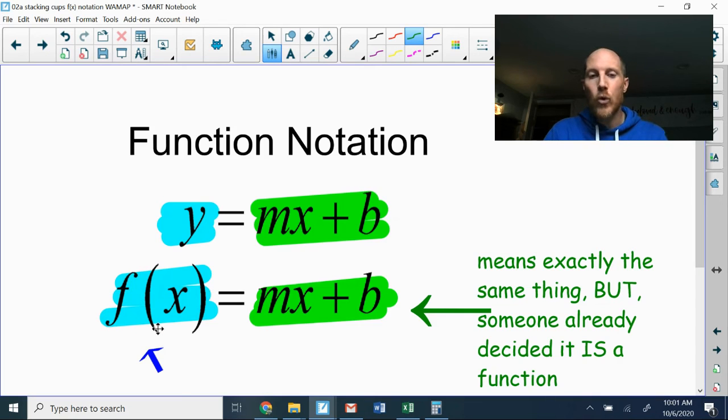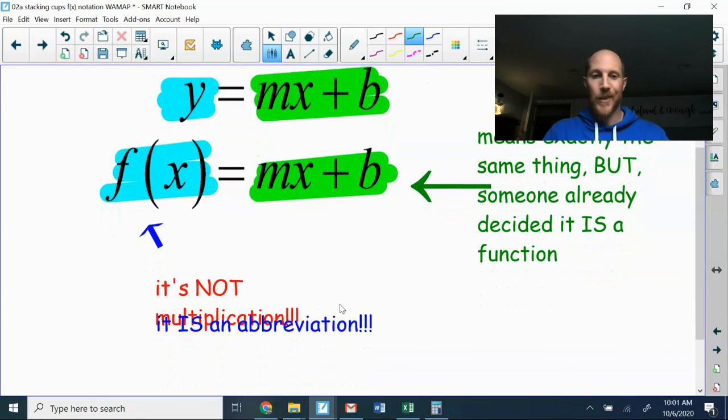And so this is one of the only places where we get to break a rule. We know if you write two quantities right next to each other, like a letter and another letter, or a letter and a set of parentheses, that means multiplication, right? And this is a chance for us to break that rule. With the f, with the parentheses and the x, it is not multiplication.